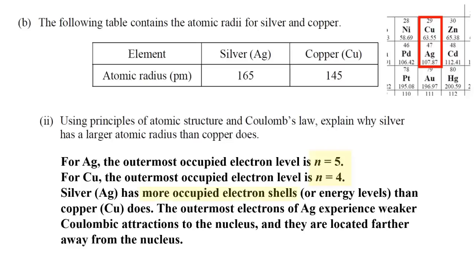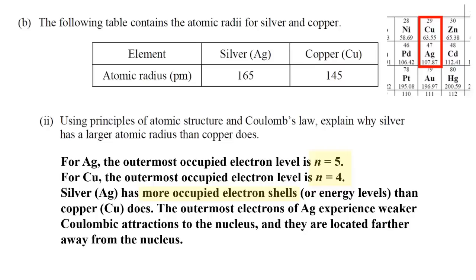I said it has more occupied electron shells. That's an important phrase that would be helpful when you're comparing two different elements that are located in the same group or the same vertical column. More occupied shells, and then specifically referring to the energy levels, that would be an important part of your explanation. I know that this is a review of Unit 1, but it's a good thing to talk about as we get closer to the AP Chemistry exam.